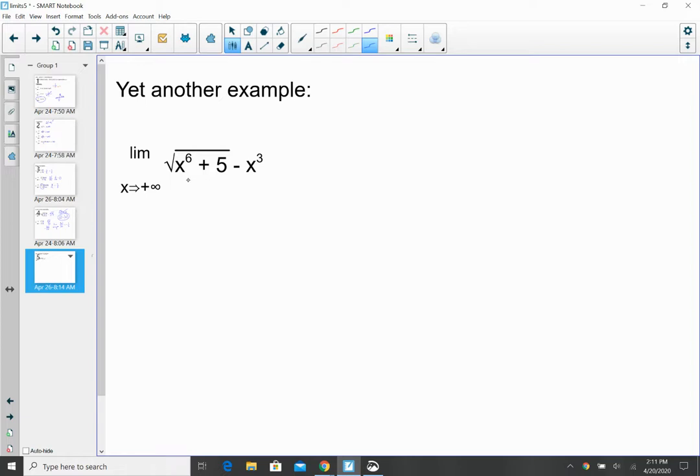So you might be saying, the conjugate, what are you talking about? I don't see a fraction here. Hold on there, sunshine. We could put that guy over 1, and that gives us the ability to do the conjugate: x to the 6th plus 5 plus x to the 3rd, top and bottom.